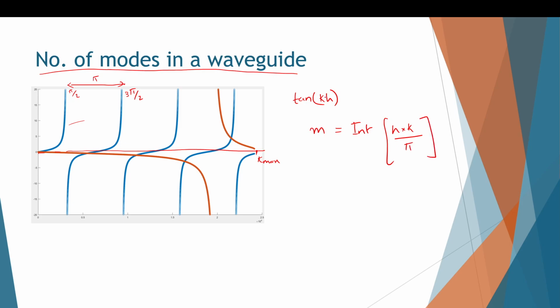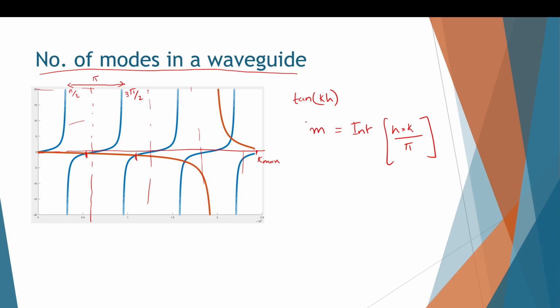Whenever kappa h becomes pi, so this is 1 pi, say somewhere here, right? Whenever it becomes pi, there is a high chance that we have one mode. When it becomes 2 pi, there are two modes. When it becomes 3 pi, there are three modes. 4 pi, four modes, like that.